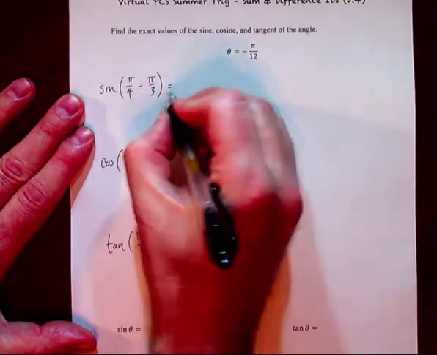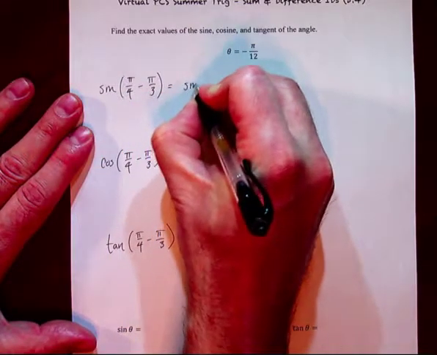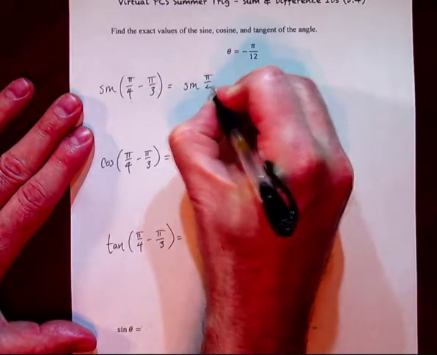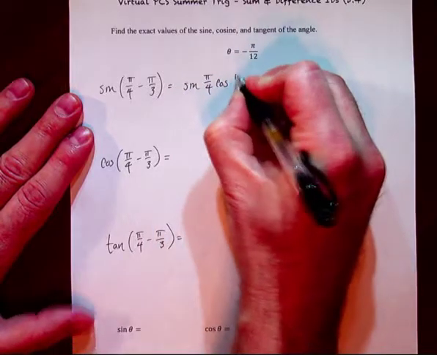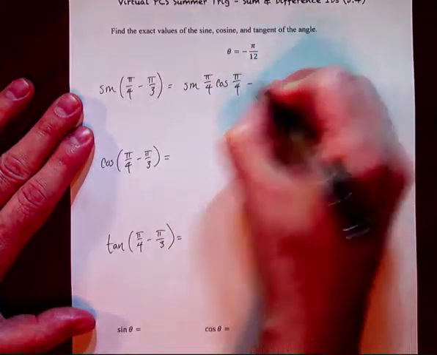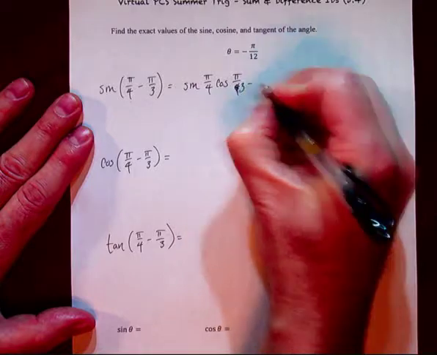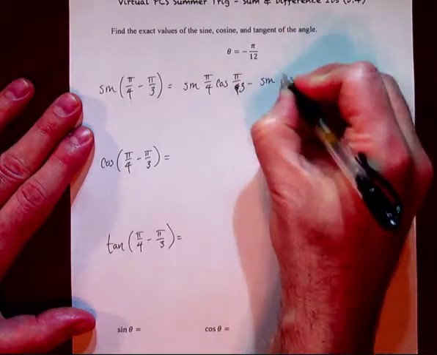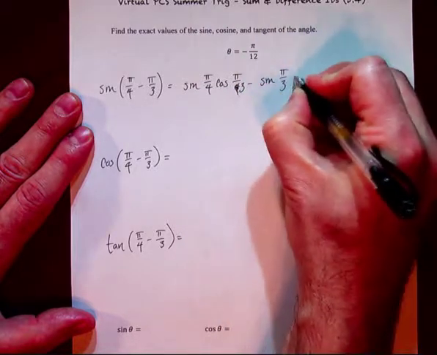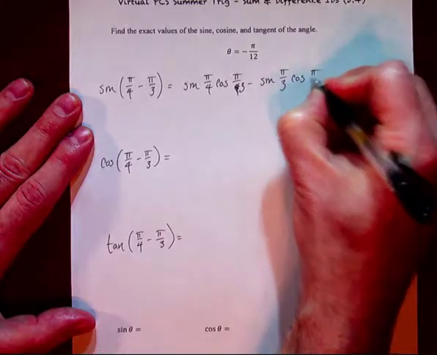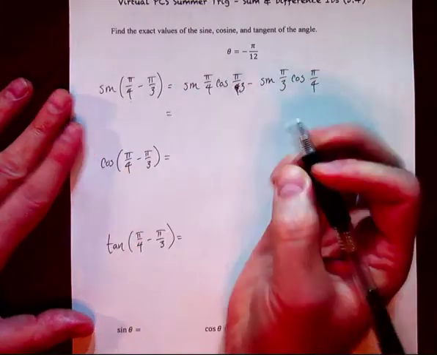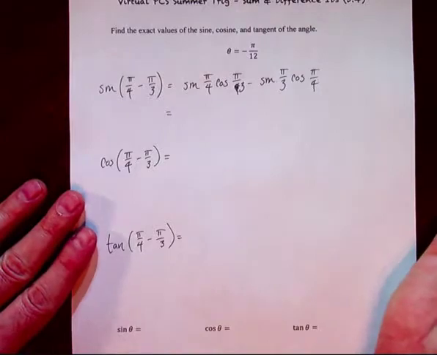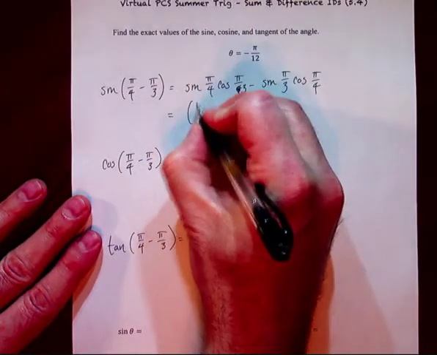So this difference right here, we have sine of u cosine of v, sine of v cosine of u. That's supposed to be a 3 down there. And, you know, I mean, these ought to be really, really familiar values by now.